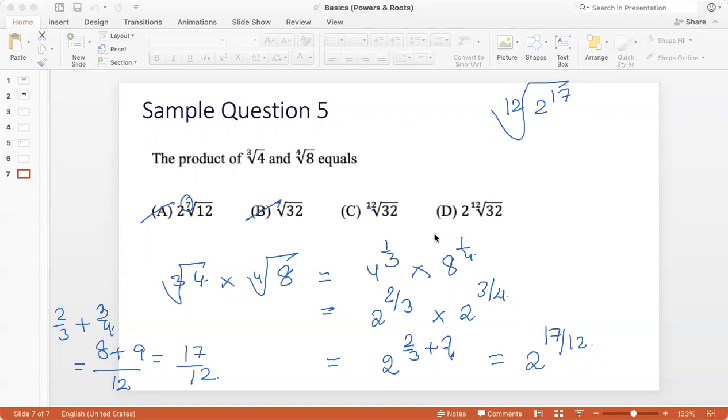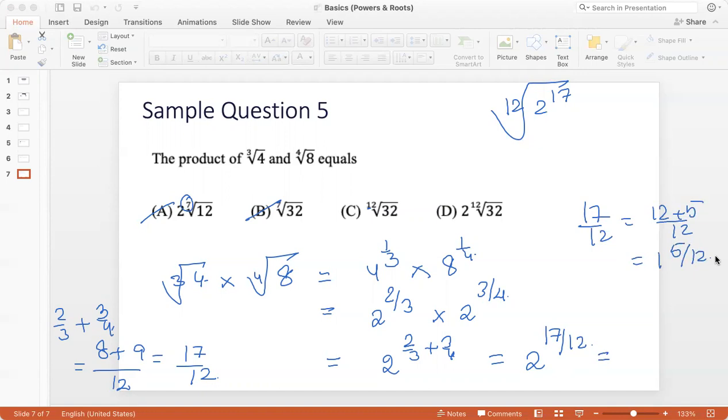So those I can cancel. Now, what do I do with one of these, C or D? The thing about 17 by 12 is that it is greater than 1, right? Because 17 by 12 is 12 plus 5 by 12, which is 1, 5 by 12, right? 1 and 5 by 12 added.